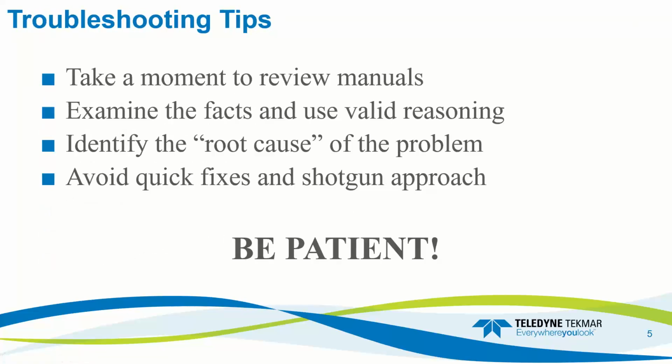So first, the manual can help and assist you with troubleshooting issues because it has some tips in there and, of course, flow diagrams. If you have a Tekmar product, the manual can be accessed in the help on the main screen of TechLink. And when you start to look into troubleshooting your instruments, we want to examine the facts and use valid reasoning, meaning you want to look at your data.